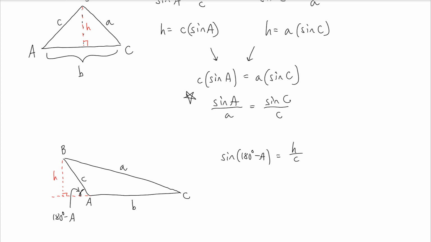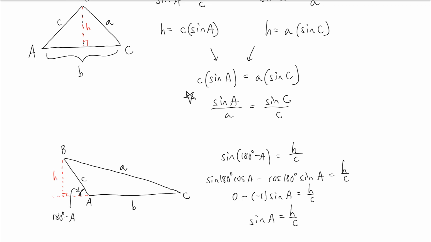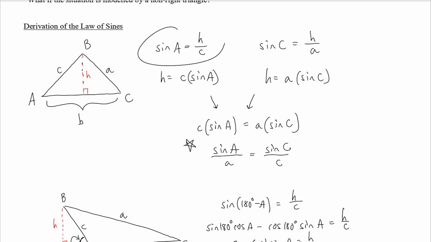That's a difference formula, so that'd be sine of 180 cosine of A minus cosine of 180 sine of A. Sine of 180 is 0, so that'd be 0 minus cosine of 180 is negative 1. So we end up with sine of A is equal to H over C, which we had earlier. And we showed with that this must be true.